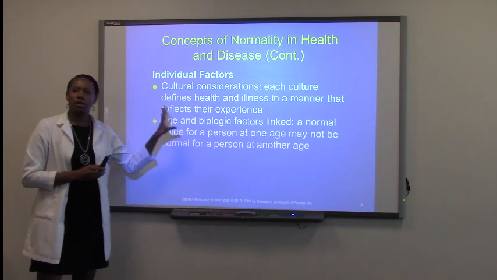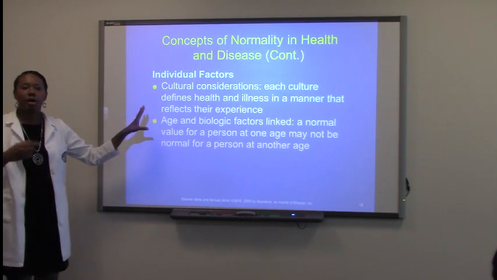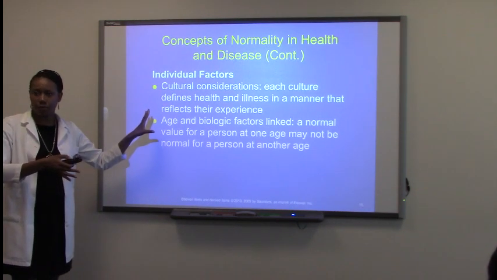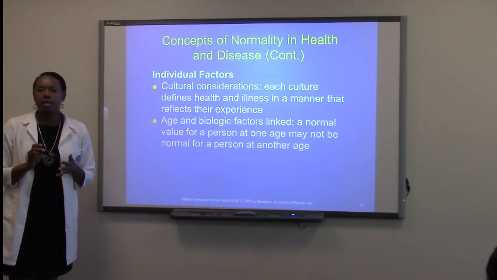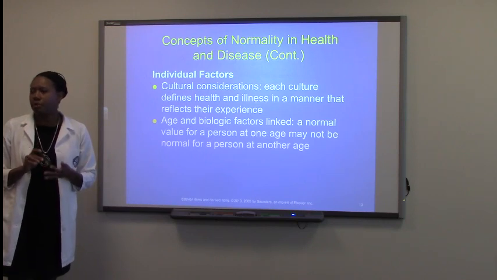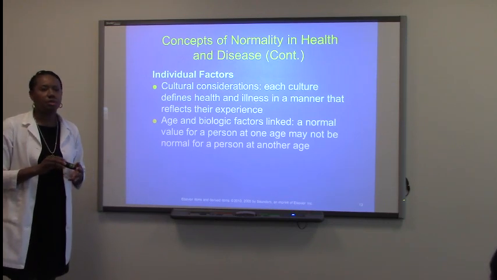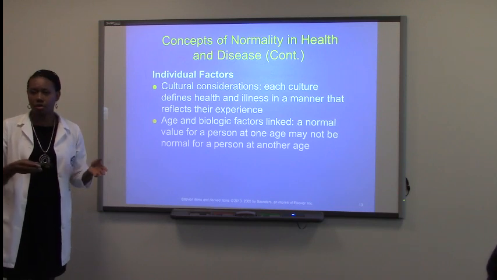So one thing we want to go over is some factors that will help you with formulating that differential. So what happens here is cultural considerations. That is definitely one thing you want to keep in mind, that there are obviously some diseases that are prominent in certain cultures.